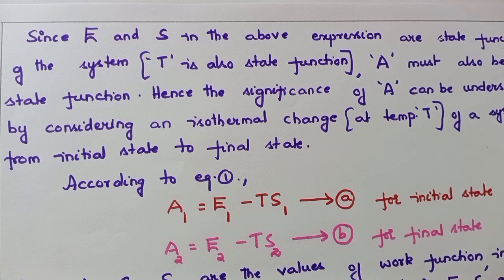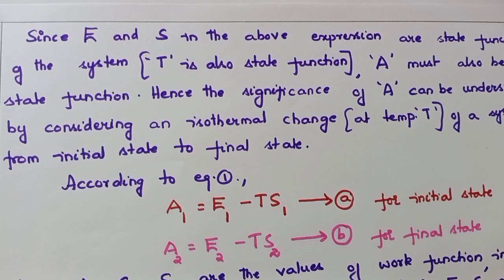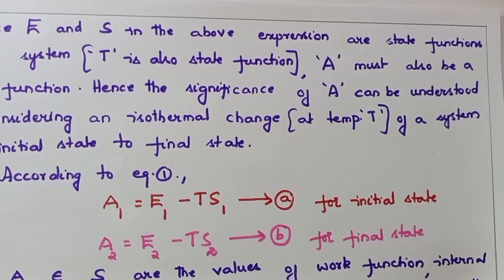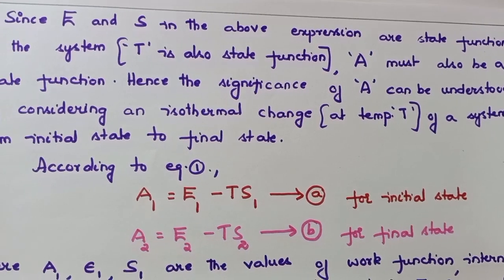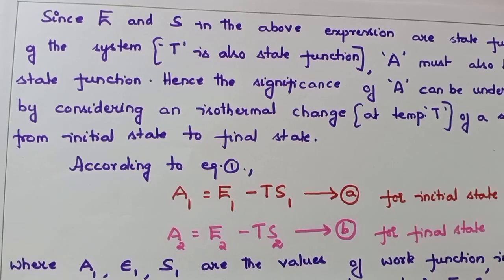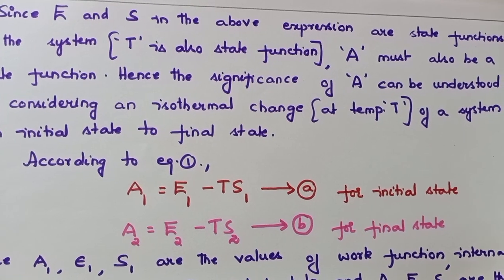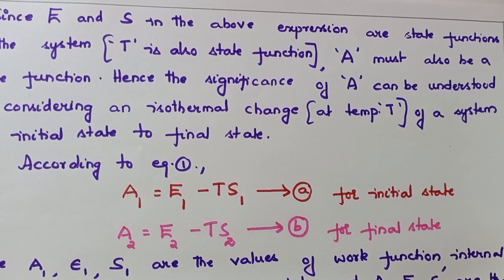We have seen that E, S, and T, all these three in the above expression are state functions. When all three are state functions, automatically A must also be a state function. Since E and S in the above expression are state functions of the system, T is also a state function, A must also be a state function.